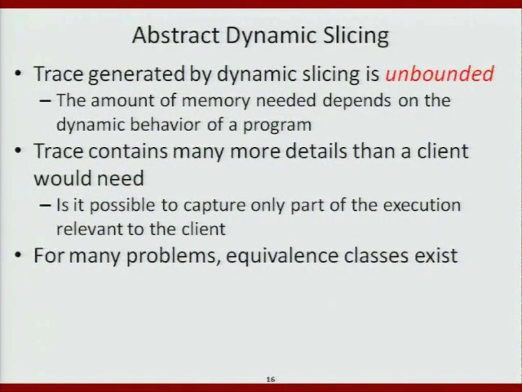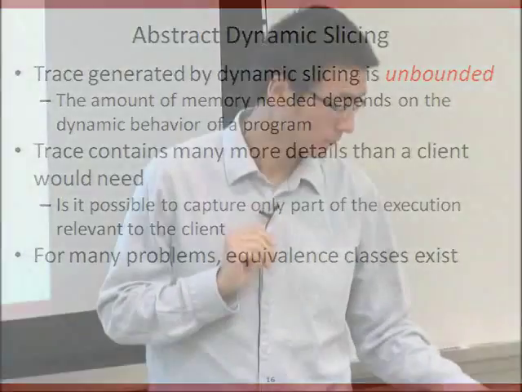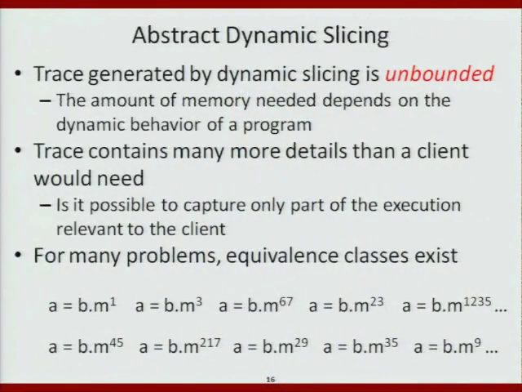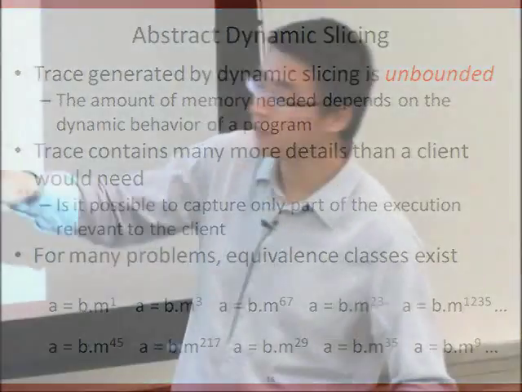The answer is yes, and we do this by looking at abstractions. We found that for many backward dynamic flow problems, equivalence classes exist. Here's a simple example that shows a fragment of a program trace that contains different runtime instances of the same instruction, A equals B.M. Each instruction instance here is annotated with an integer i that represents the ith execution of that instruction.